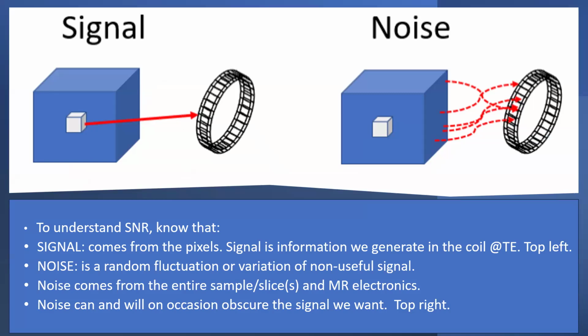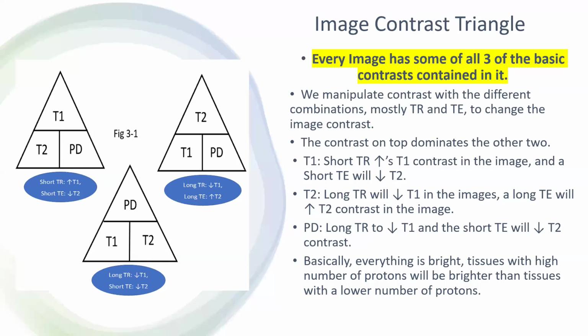We can get it if someone opens your scan room door and breaks your Faraday cage, okay? So top left, signal comes from pixels. Top right, we get noise from everywhere else. And know that noise can change. It can go up and down during the running of the sequence, whereas the signal that we get from our pixels, consider it a constant, okay? So any given sequence is only going to give you so much signal, and then hopefully the noise is low. So that's what's going to give you a good signal to noise.